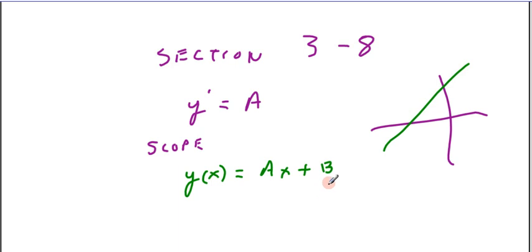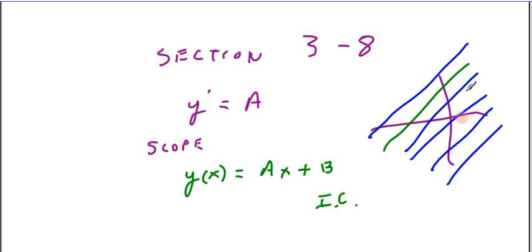Okay, b is something that would be an initial condition, and that initial condition would establish the line crossing some point, and I have an infinite number of those lines with the same slope, and I'd say, okay, that's fine. Until I find my initial condition, I really don't know which line I'm talking about.